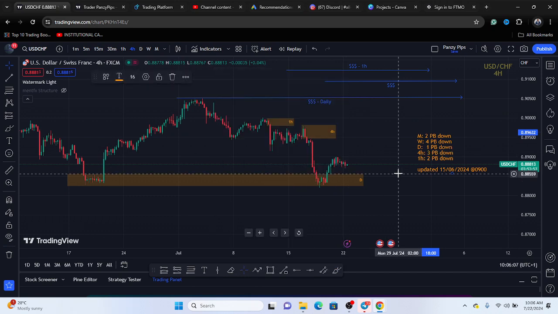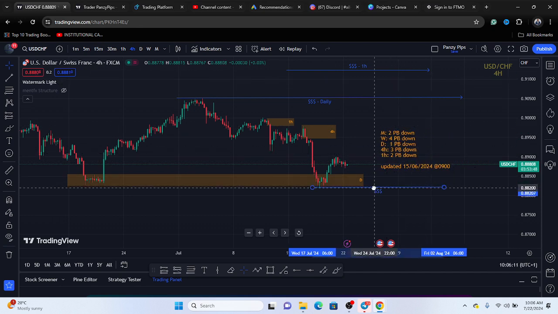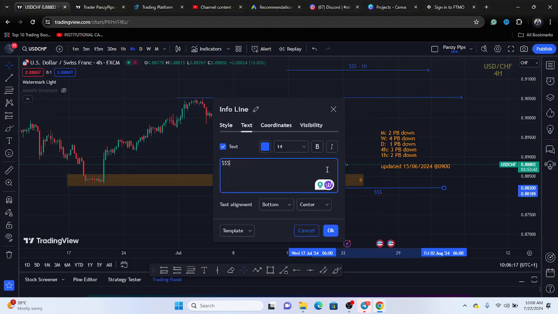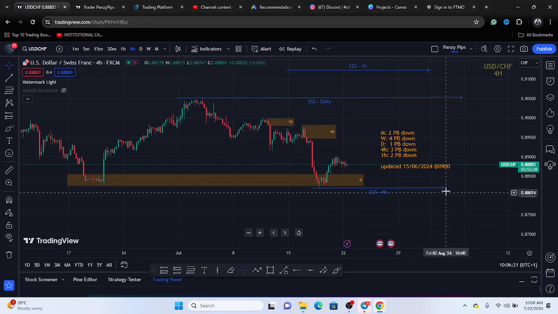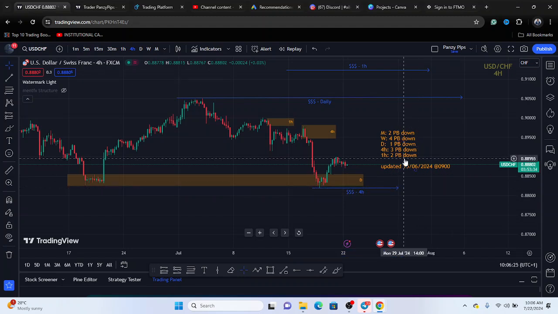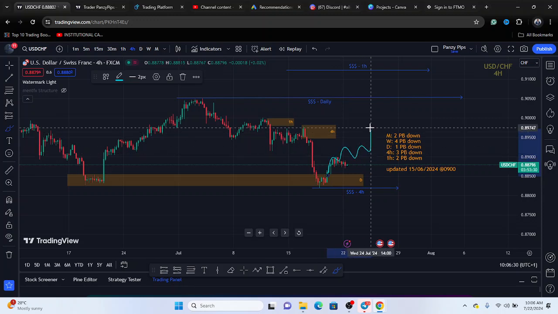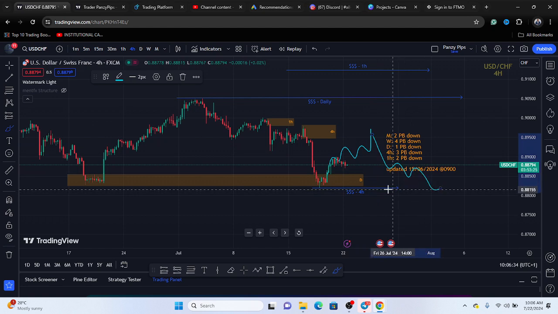And then 4-hour liquidity is down below here. Okay. Alright, so now we're looking to see price go in that direction on the 4-hour, get into our zone, and then come back towards the liquidity target.